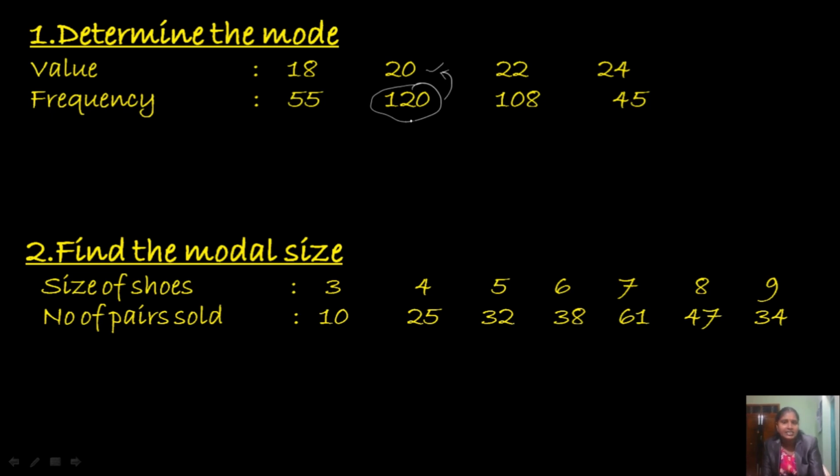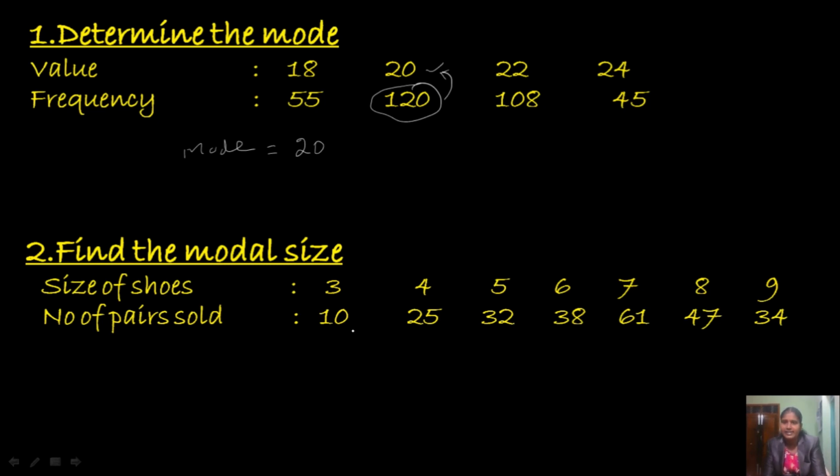Also, here the distribution is regular, so mode here is 20. Mode is the value that corresponds to the highest frequency. Here the highest frequency is 120, the corresponding value is 20. So 20 is the modal value. Let's move on to the next problem.